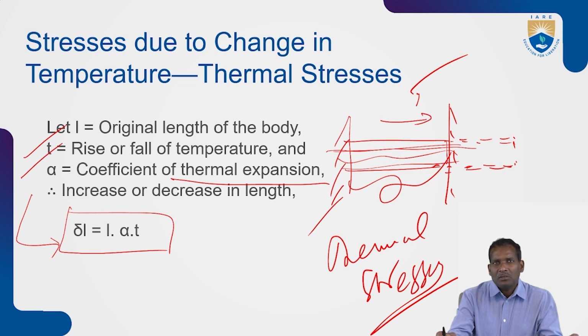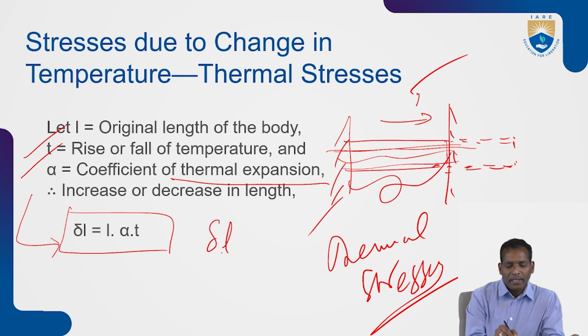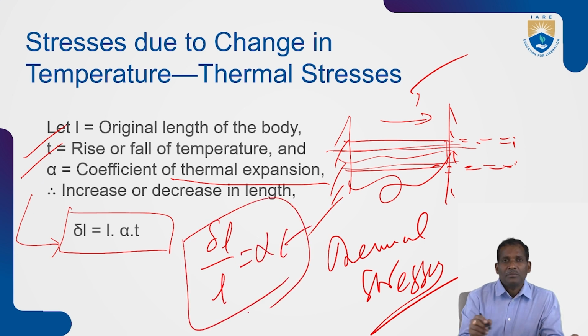Now you can calculate delta L, the change in length, equal to L into alpha T. So delta L by L is equal to alpha into T. What is this? Change in length upon original length is nothing but strain.